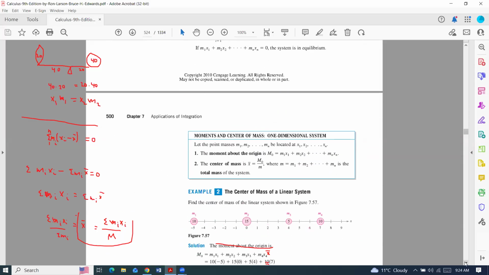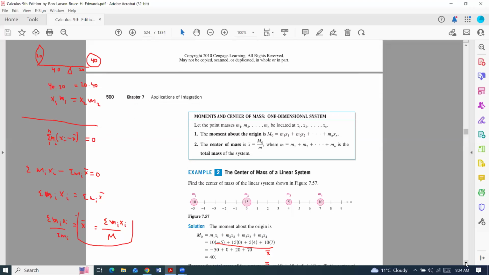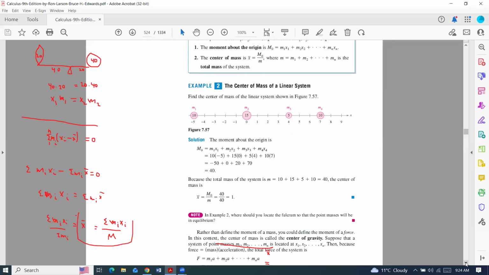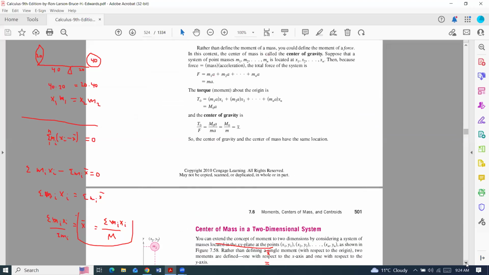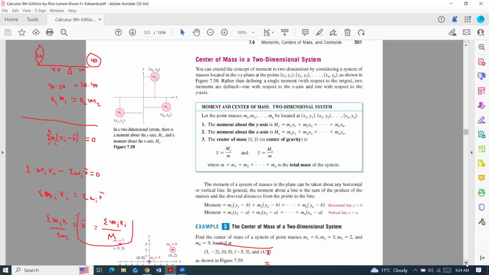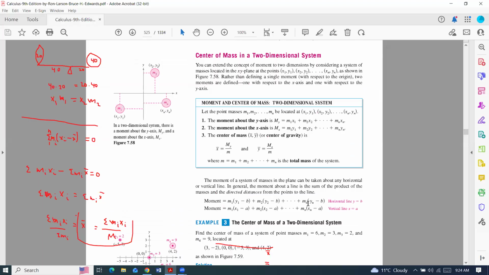Turns out it could be extended. They do this little algebra here, same thing, and they come up with a formula where the sum of all of these is divided by total mass. And if it's in two dimensions, what's interesting is now we can extend it to two dimensions, and analogous will be the formula if you are dealing with the x coordinate as well as the y coordinate.